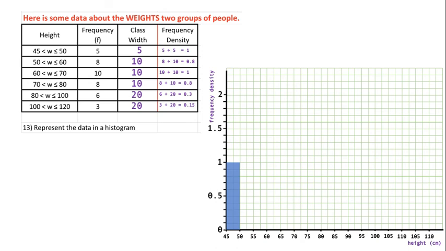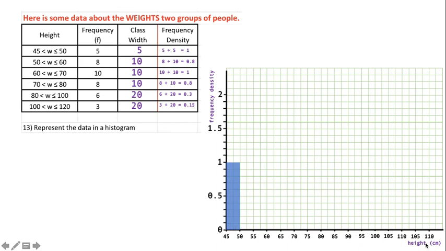So here's the first one. It's a bar with a width of 5 centimeters. Now that's a mistake, isn't it? That's not supposed to be height. It's supposed to be weight, isn't it? So that's my mistake, but you can hopefully overlook that.